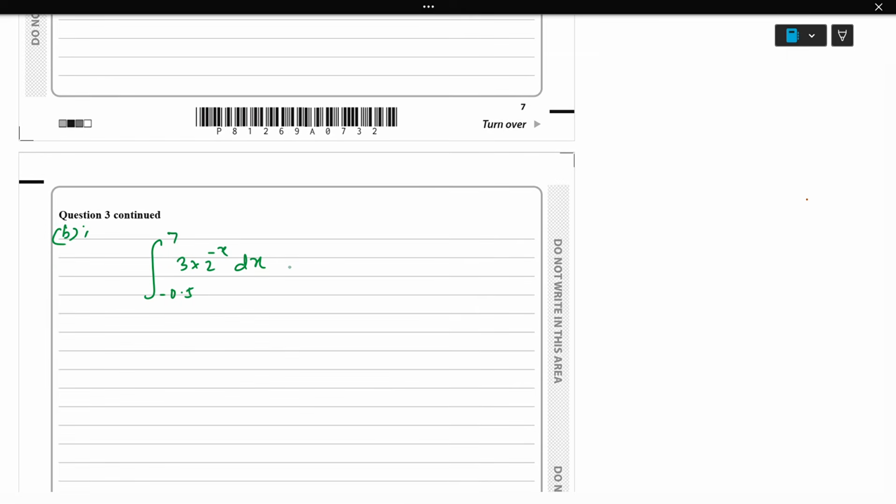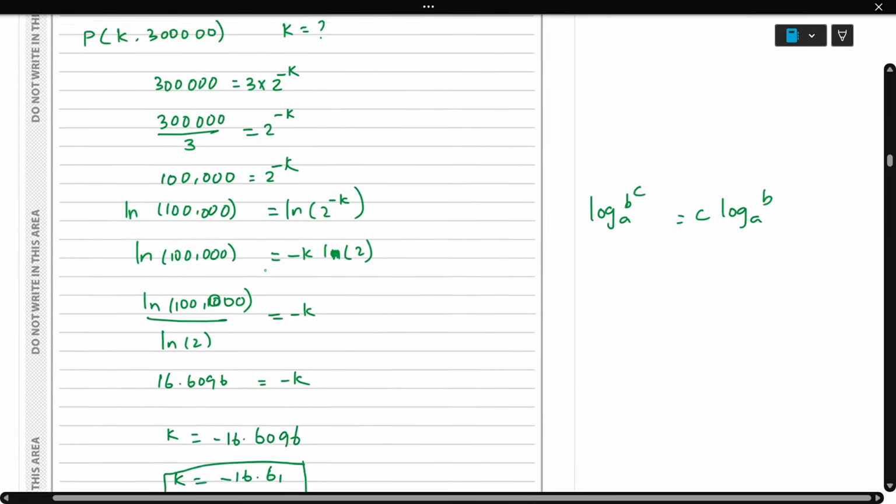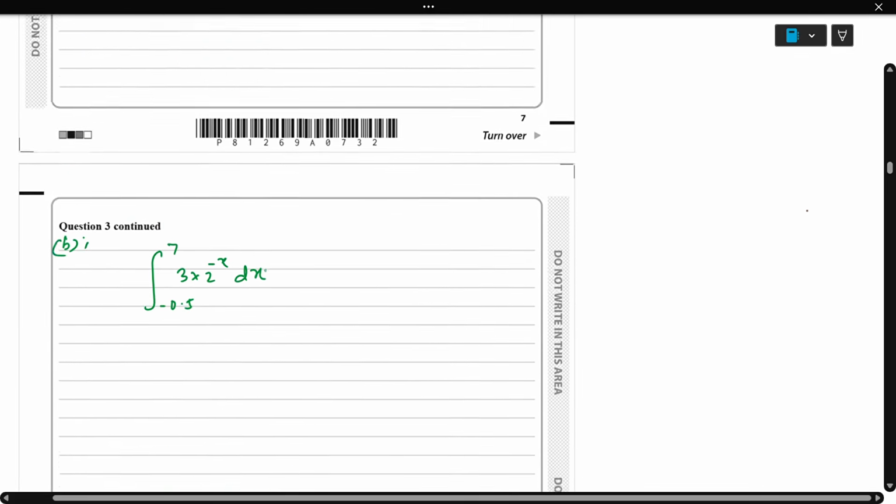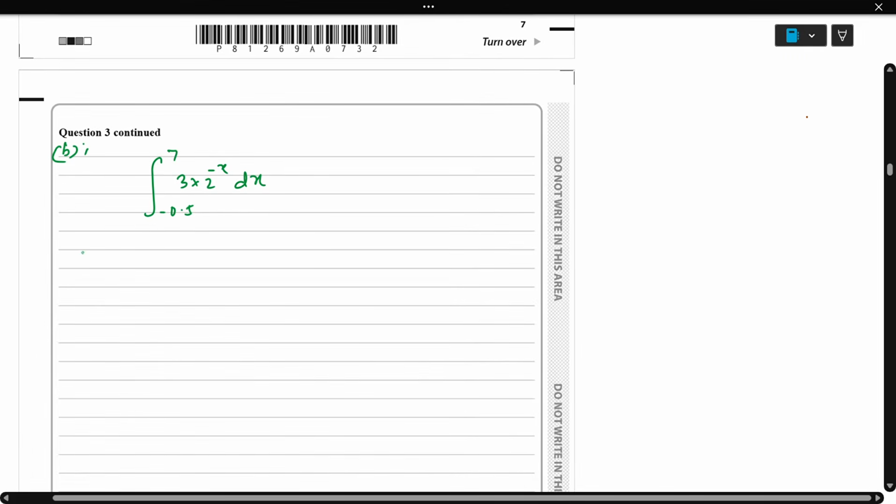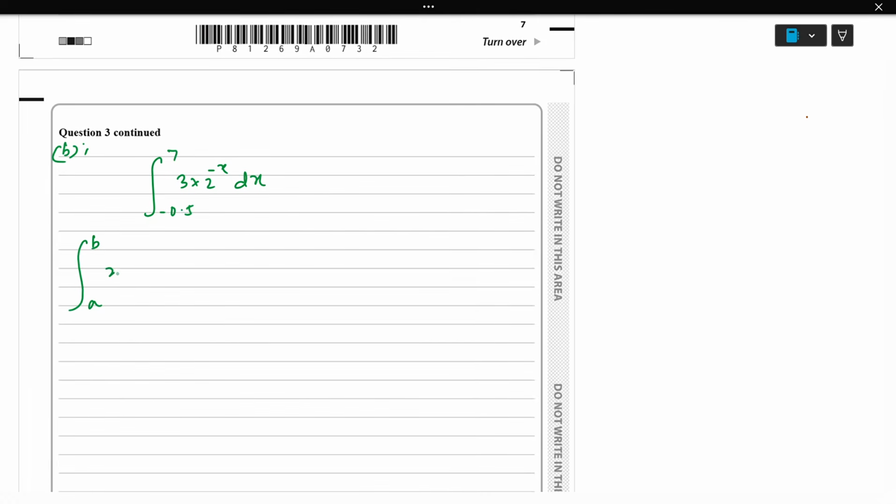We need to find this using the trapezium rule. The trapezium rule is the integral from a to b of y dx equal to h by 2 of y0 plus yn plus 2 into all the between. The y0 is the first value, yn is the last value, and between are y1 plus y2 and so on until yn minus 1.